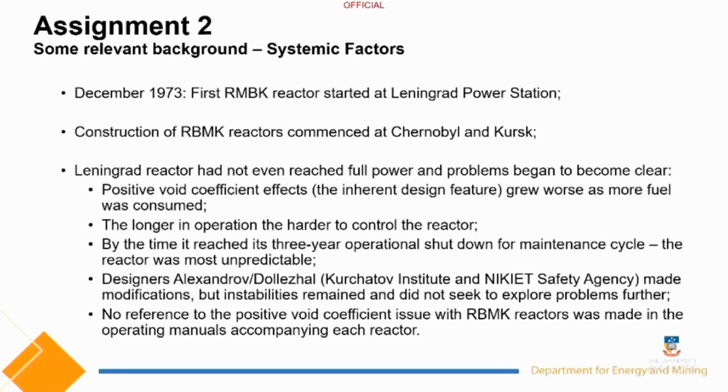The designers, which were part of the Kirchhoff Institute and the Nuclear Safety Agency, made modifications, but instability still remained and they did not seek to explore the problems further. So they were having plenty of warnings that these reactors were starting to get unstable, particularly as they approach their maintenance shutdown time requirements.